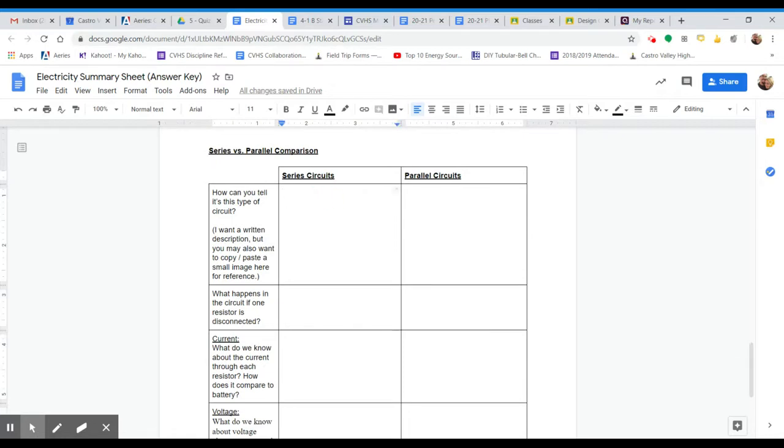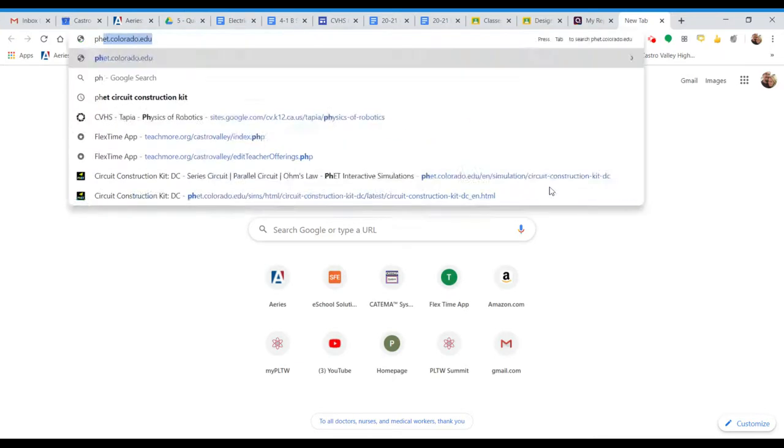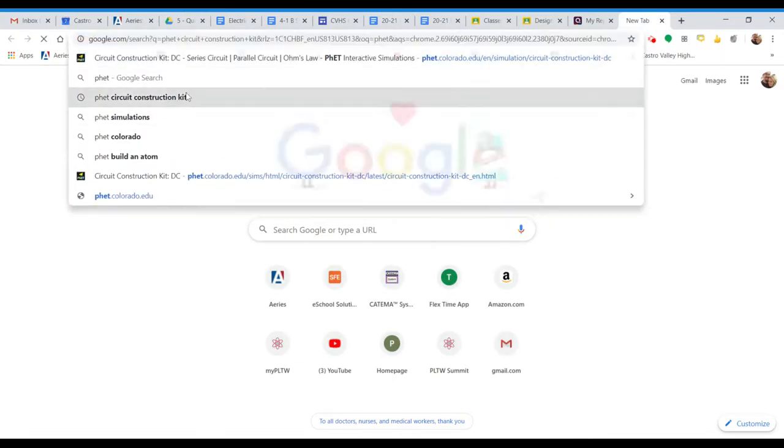So series circuit, basically, I'm just going to go ahead and pull up the PhET simulation.